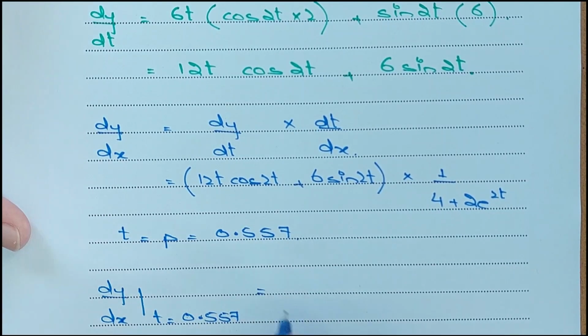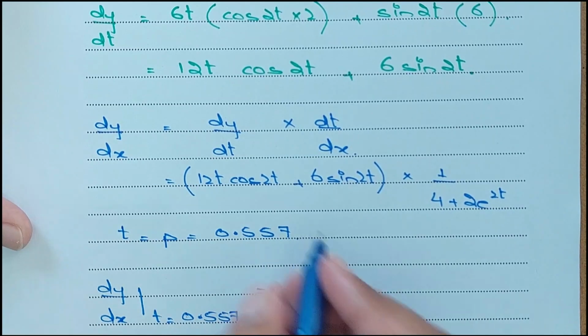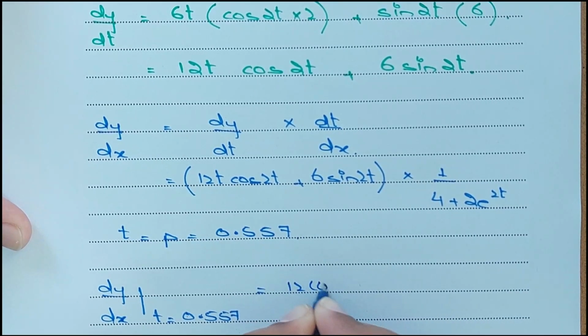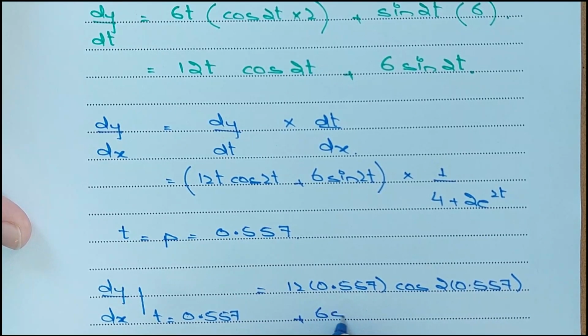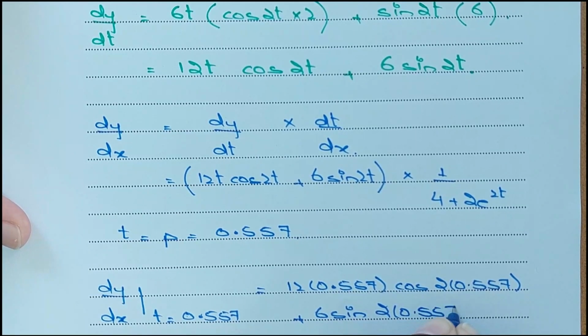Let me calculate this. 12 into 0.557 cos 2 into 0.557 plus 6 sine 2 into 0.557, times 1 over 4 plus 2 e power 2 times 0.557.